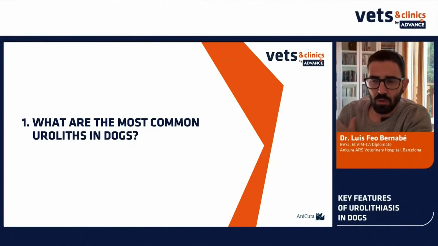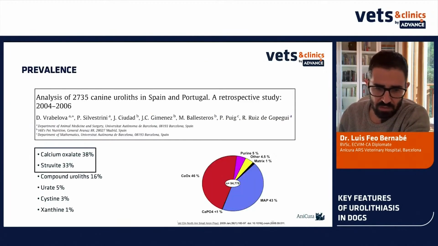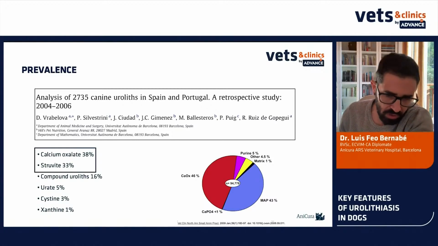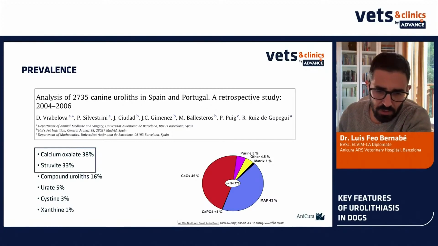So, well, Luis, to have a global picture, can you tell us which are the most common uroliths that we can find in dogs? Yeah, if we go to the presentation, and we think about the prevalence of urolithiasis in the global world, probably calcium oxalate and struvite are the two most frequent uroliths in the world. However, there are some differences based on the location, so probably it's not exactly the same in Spain compared to the UK or other locations, but probably calcium oxalate and struvite are the two most common everywhere.